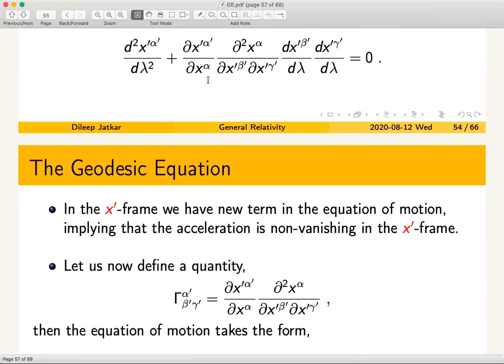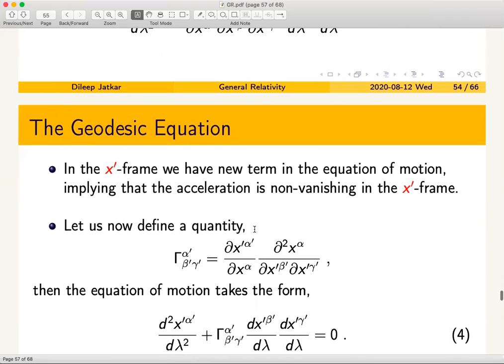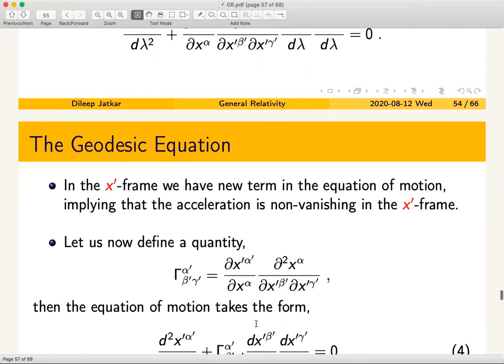Notice here that in this expression, alpha is summed over, it is contracted. Remember, the Einstein convention tells you that if indices are repeated, they are summed. So alpha is not a free index. The only free indices are alpha prime, beta prime, and gamma prime, which is precisely the set of indices this object capital gamma is carrying.